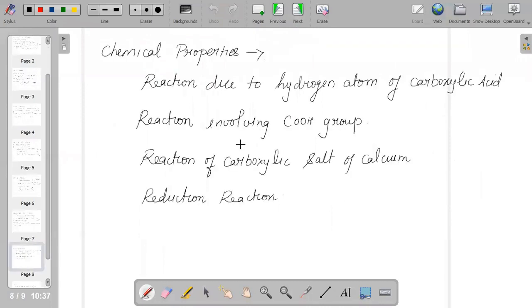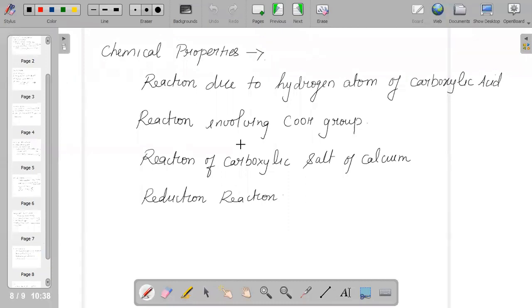When we come to the general chemical properties of carboxylic acid, before that we should know the physical properties. As for their existence, the carboxylic acids are colorless liquids with a pungent smell.